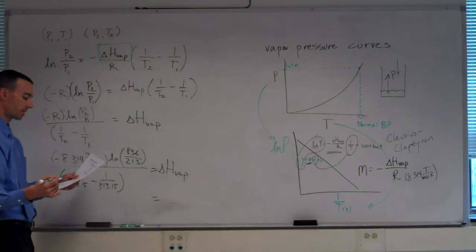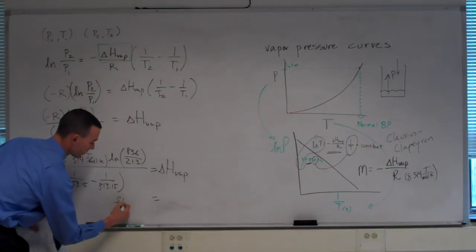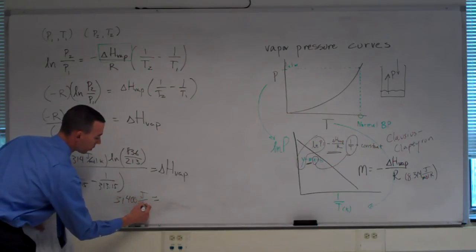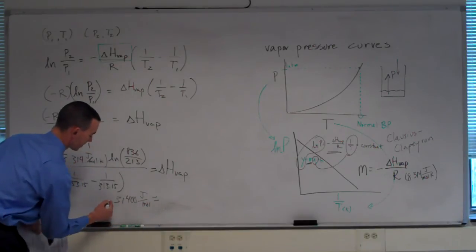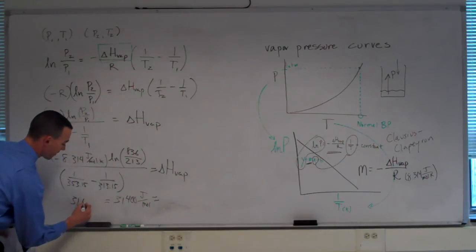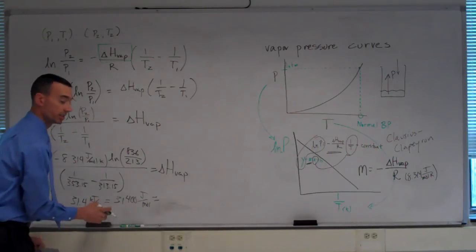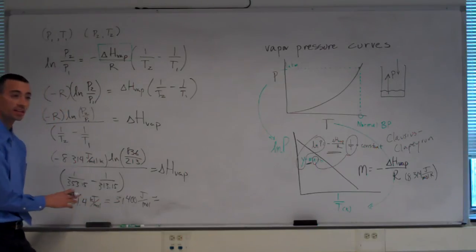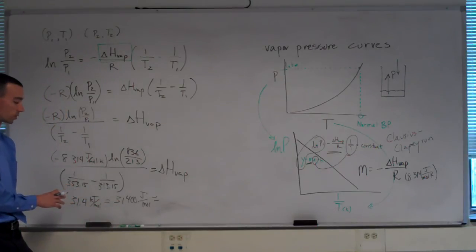And this comes out to be 31,400 joules per mole, or 31.4 kilojoules per mole. These are usually on the scale of thousands and 10,000s, so we're in the habit of converting them to kilojoules per mole.